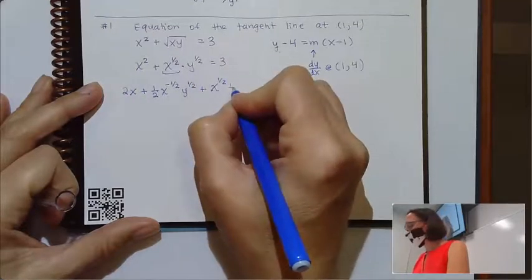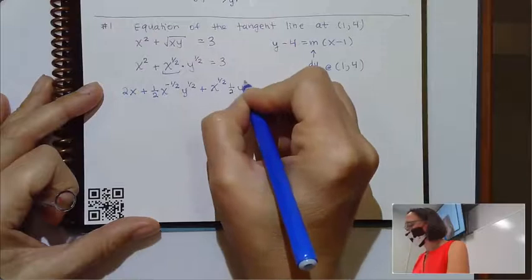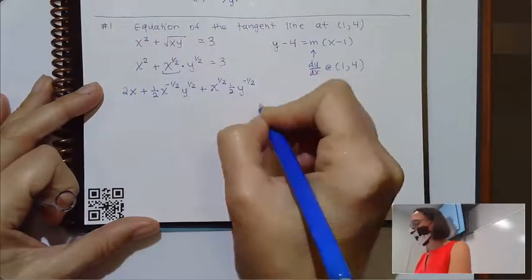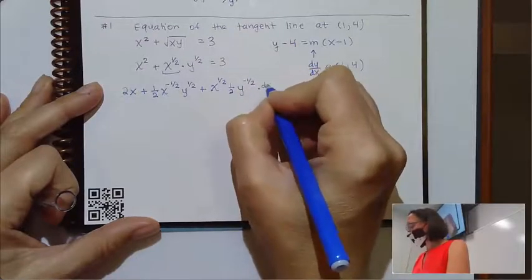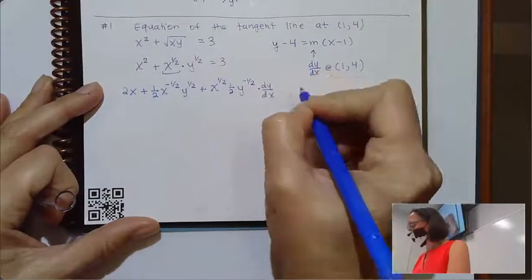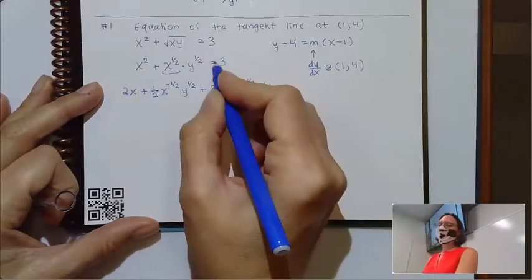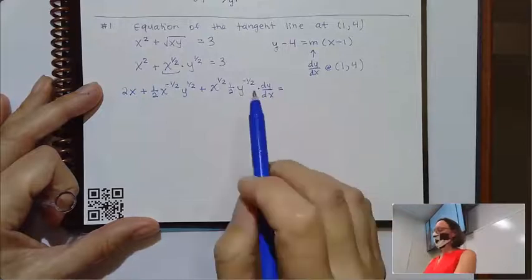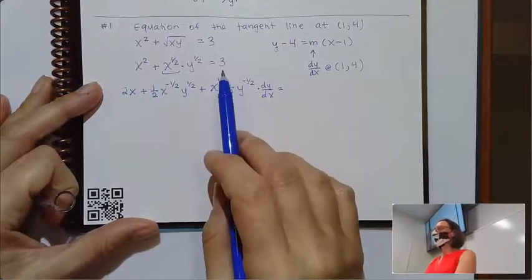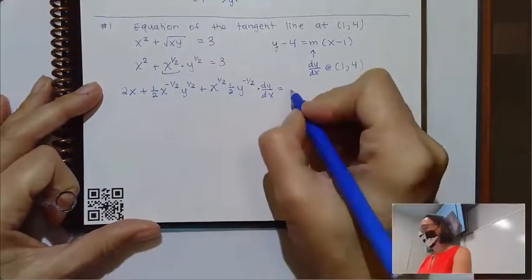And on this piece, because we're taking the derivative of something with a y in it, we're going to remember, yep, better tack that on dy/dx. And on the right-hand side, don't forget, this is one place that I do see a lot of mistakes. When you take the derivative of a number, it goes to 0.